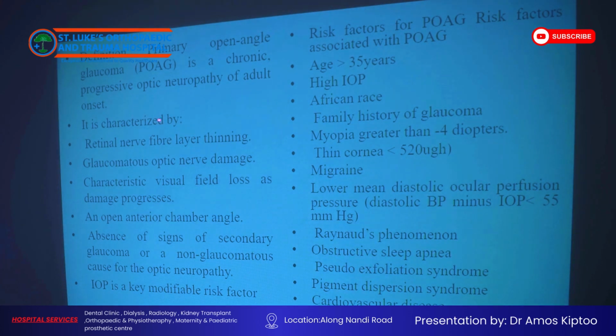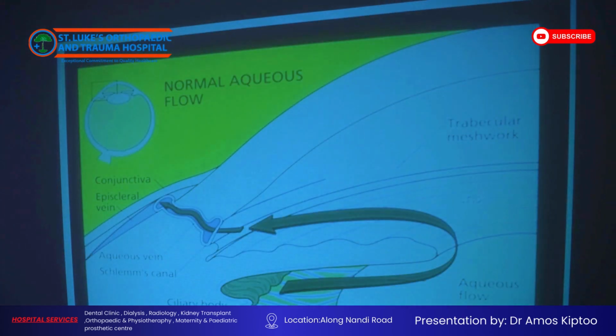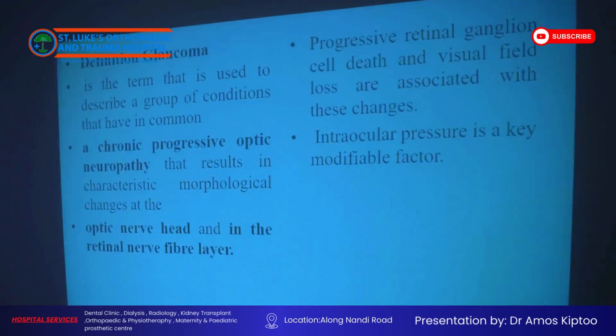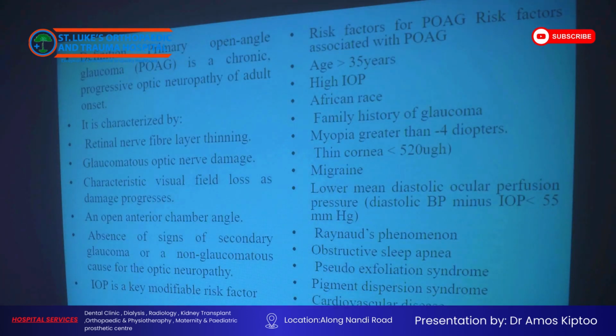The angle is this part. It is open, so the aqueous humor flows. So it is an open angle glaucoma. It is characterized by changes in the optic nerve disc, which we call damage. We will see that at the end of the presentation. It also causes visual field loss.